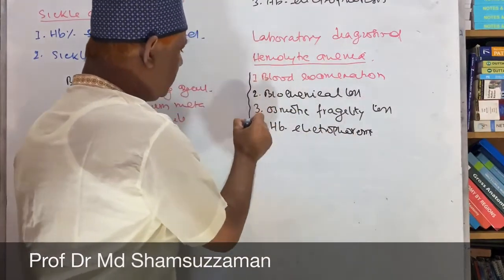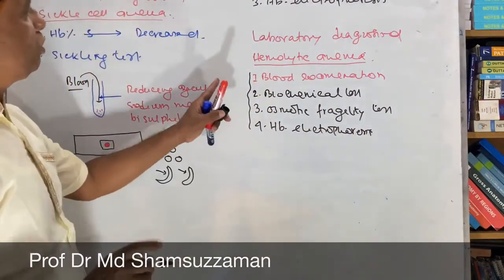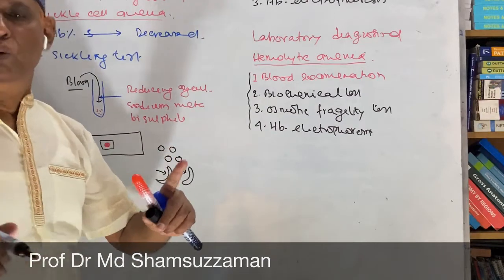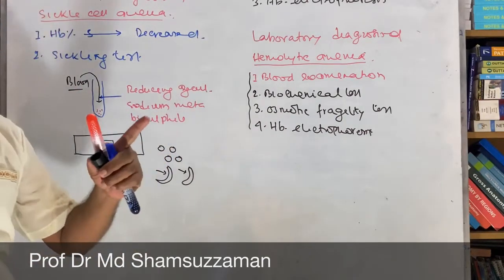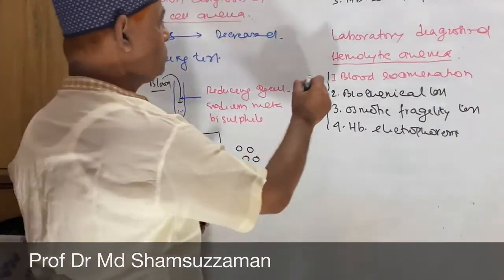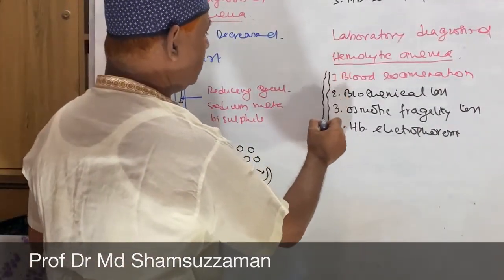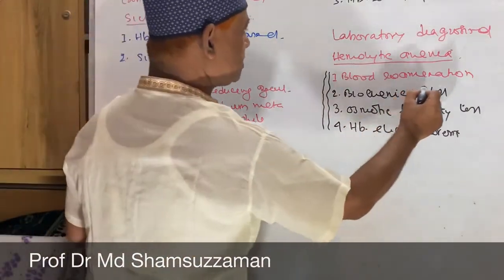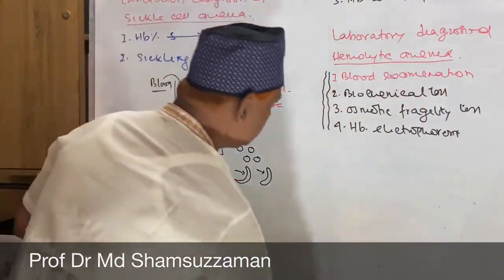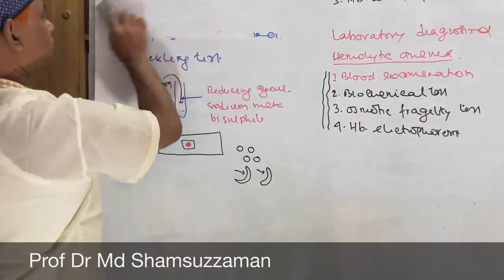Again I recall, whatever may be the type of hemolytic anemia, what laboratory tests can we do? We can do blood examination, biochemical test, osmotic fragility test, and hemoglobin electrophoresis.